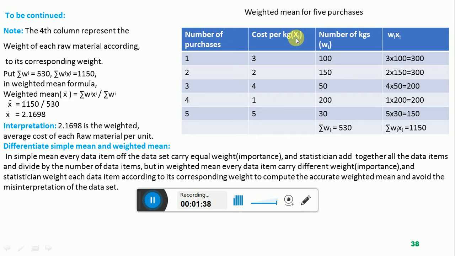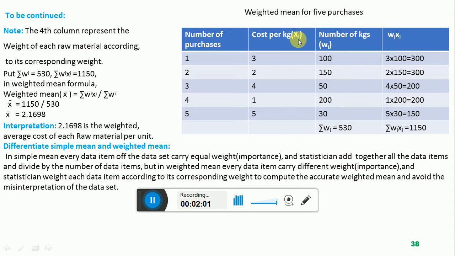If i is 1, X1 represents that $3 is the per kg price or cost of the first raw material. If i is 2, X2 represents that $2 is the per kg price of the second raw material.